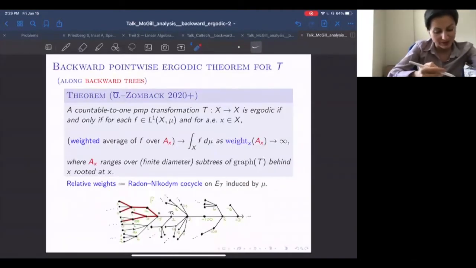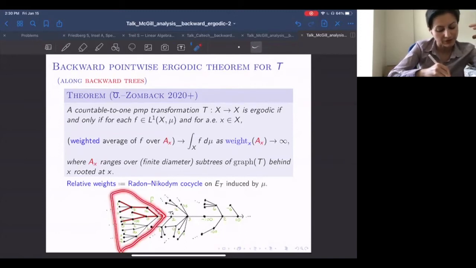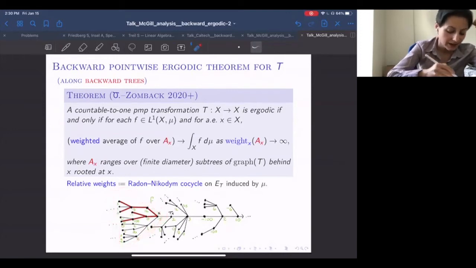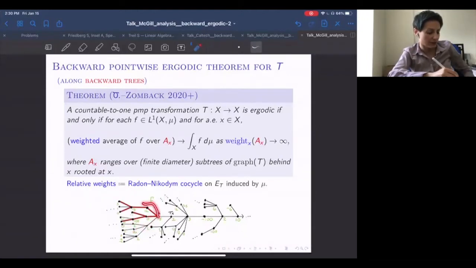So how we prove this special case, and in fact this is a much better theorem than the special case, is that what is true is not only that you can get these averages over these very canonical full preimages like these triangular sets, but in fact, if you take weighted averages along any subtree of the preimages, so look behind the point x and take any subtree, even if you omit some branch completely, for instance this tree I drew, where you never touch these values.